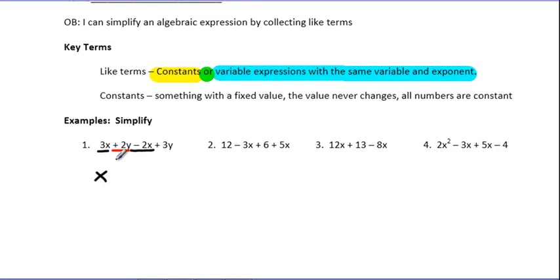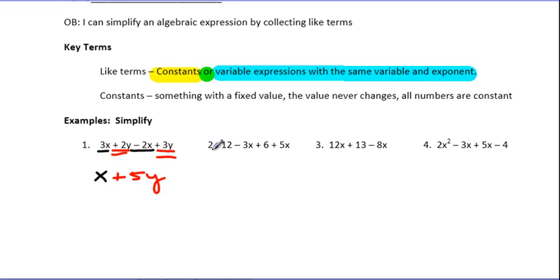I also have y's in this problem. These have the same sign, so I add them and keep the sign, and my simplified answer is x plus 5y. We always want our variable first. If there are 2 variables, we go alphabetically, so x comes before y.